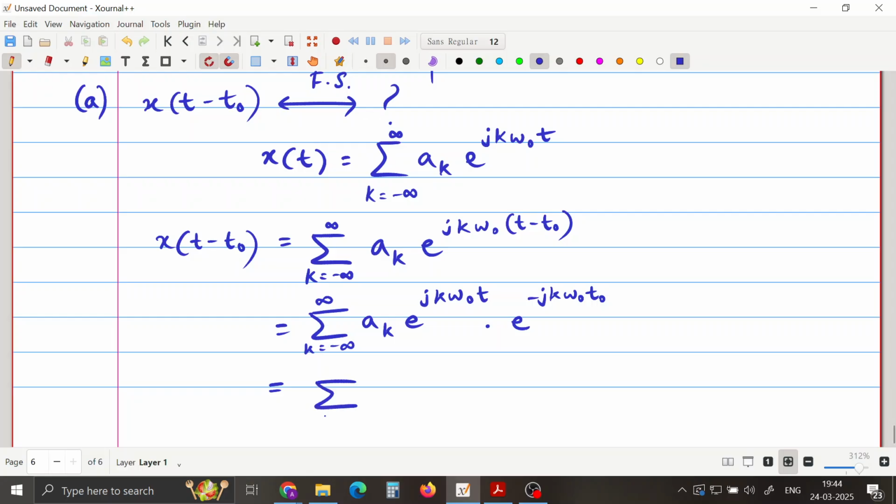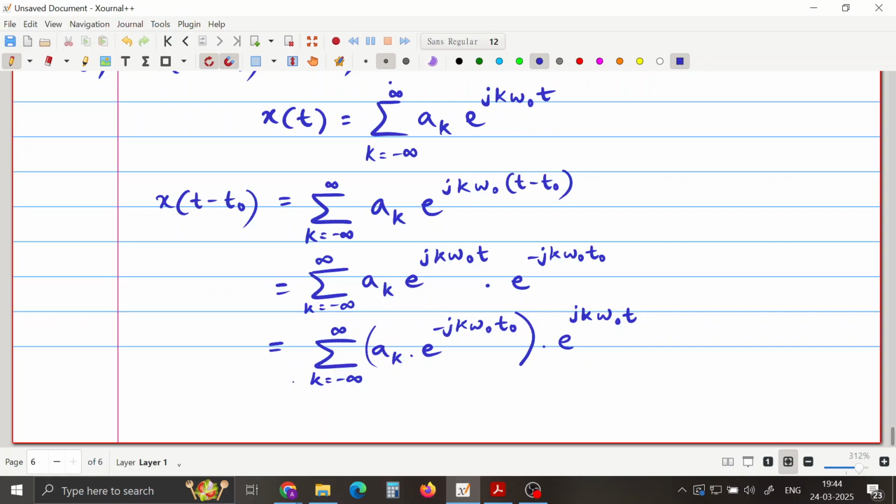Now I am slightly rearranging this. I am bringing this last term, e power minus jk omega naught t naught, in front next to ak. Treat these two together, and I'll be left with times e power jk omega naught t. Now just compare these two. You can denote this whole thing inside the bracket as some bk, let's say.